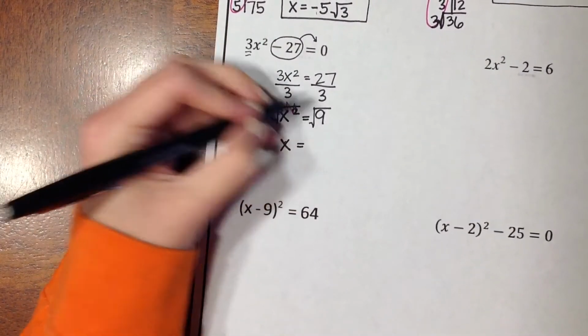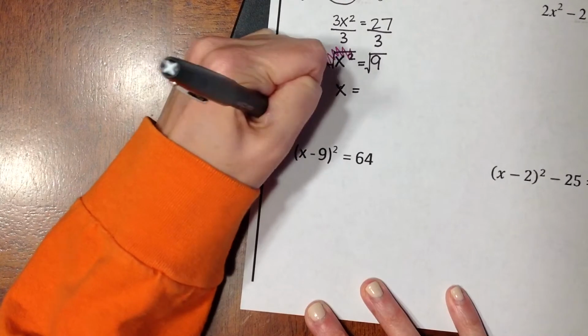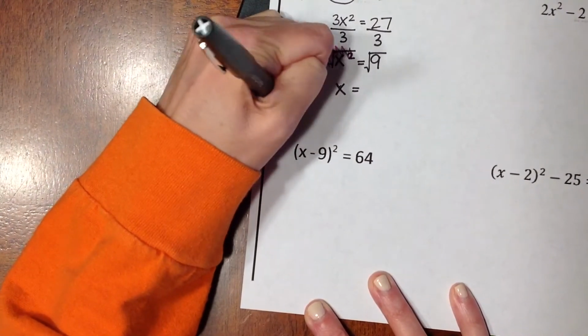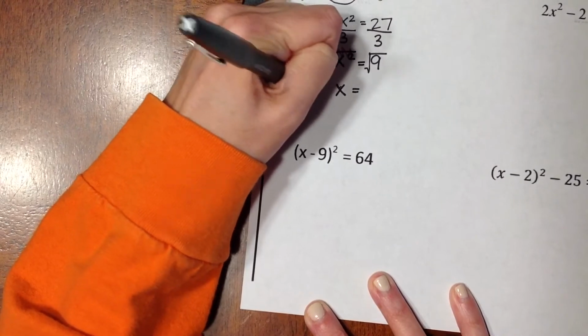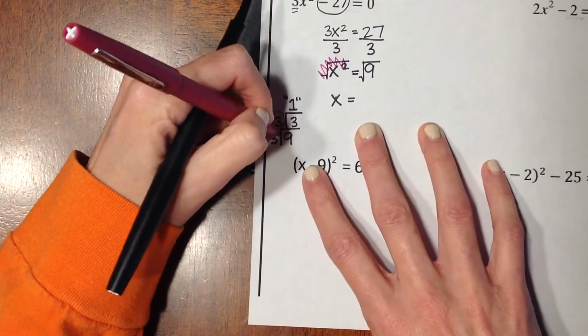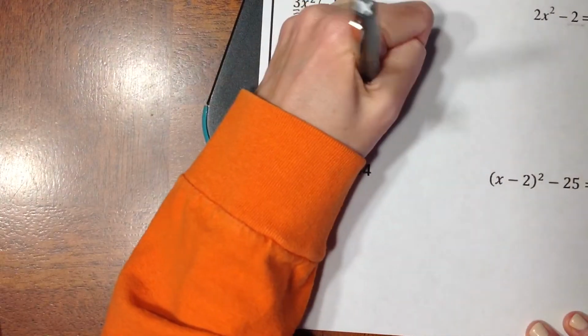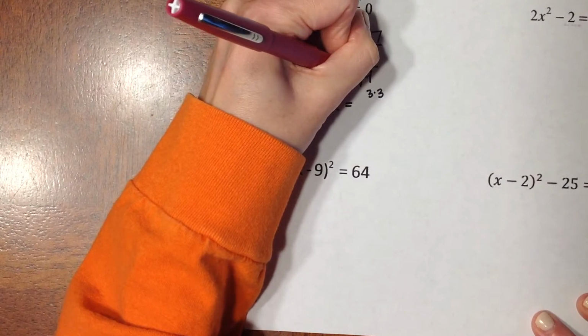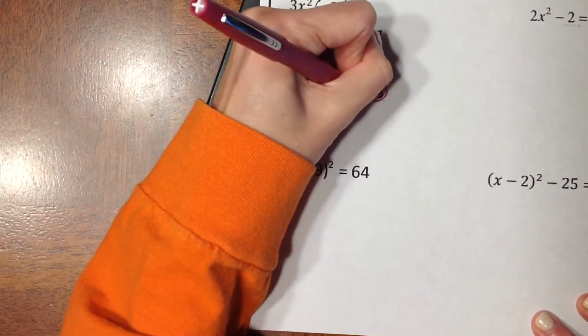And now I need to simplify my radical for 9. So I'm going to go over here at 3, and I can divide out by 3 again, which will leave me a 1 on my birthday cake. So my prime numbers that break down 9 are 3 times 3. And again, I'm looking for groups of 2 because that's my invisible index on these problems.